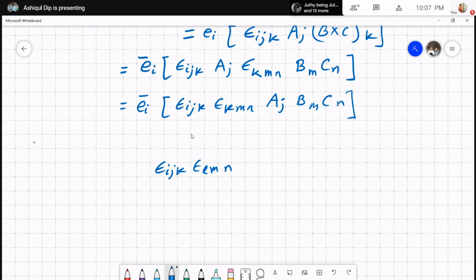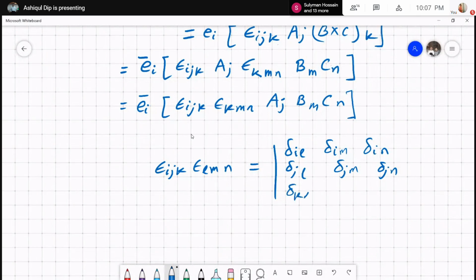So use the full identity to derive that first: the determinant with rows delta il, delta im, delta in; delta jl, delta jm, delta jn; delta kl, delta km, delta kn.